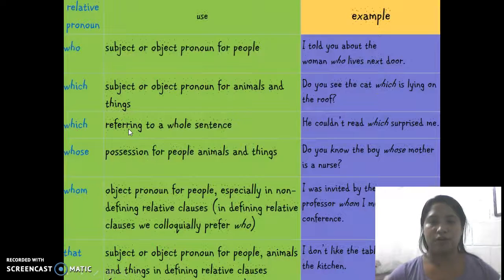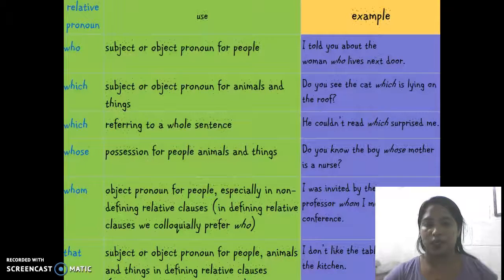Also, which can refer to a whole sentence, and the example is, he couldn't read, which surprised me. The other is whose, used for possession, for people, animals and things. The example says, do you know the boy whose mother is a nurse? And the other is whom. It's used as an object pronoun for people, especially in non-defining relative clauses.